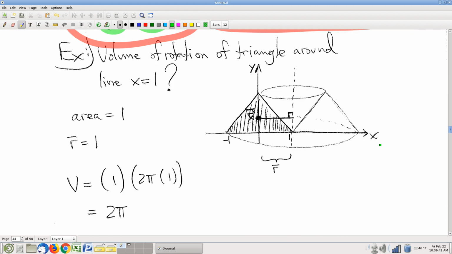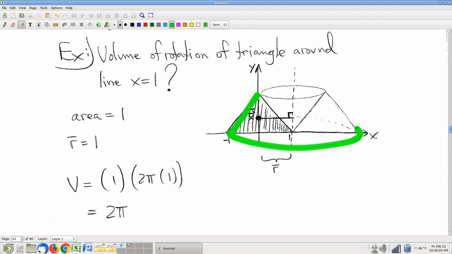So here's a lovely little example of how this plays out. Suppose I want to compute the volume of this volcano-looking thing there. That being what you get when you rotate this triangle around this line, where x is equal to 1.